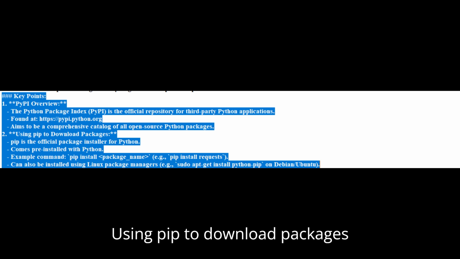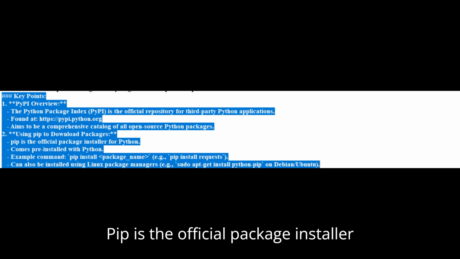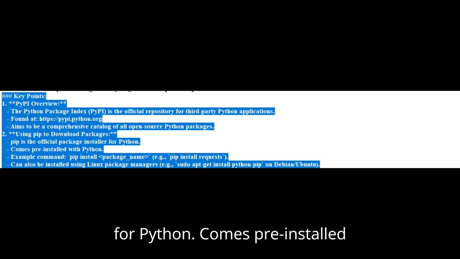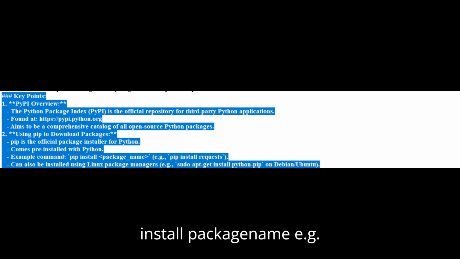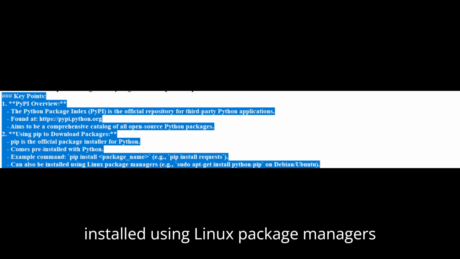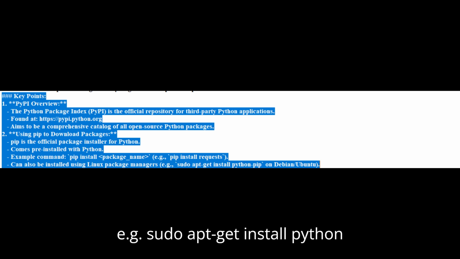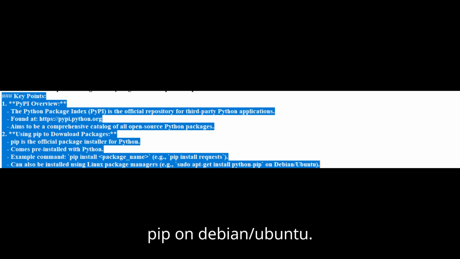Using pip to download packages. Pip is the official package installer for Python. Comes pre-installed with Python. Example command: pip install package_name, e.g., pip install requests. Can also be installed using Linux package managers, e.g., sudo apt-get install python-pip on Debian/Ubuntu.